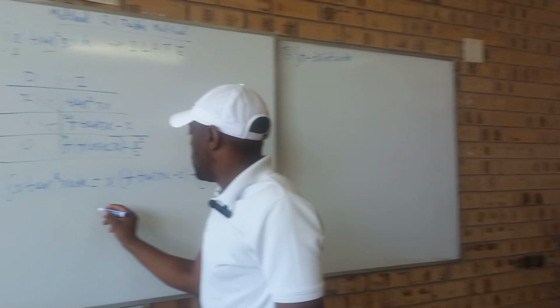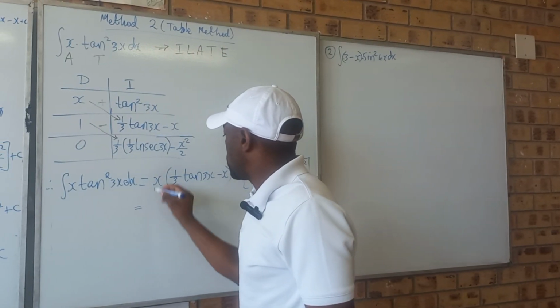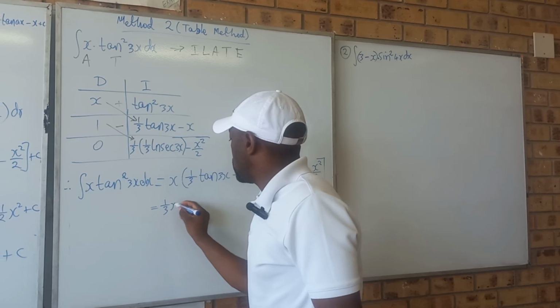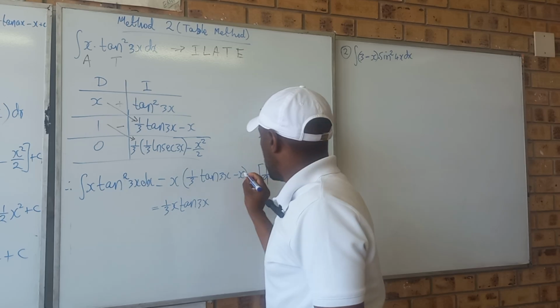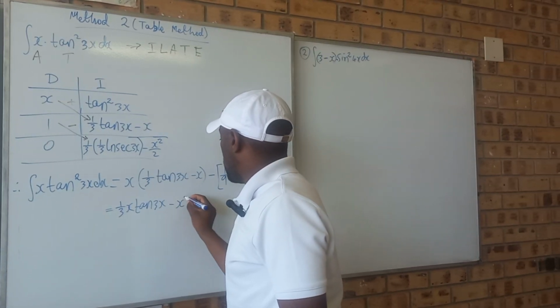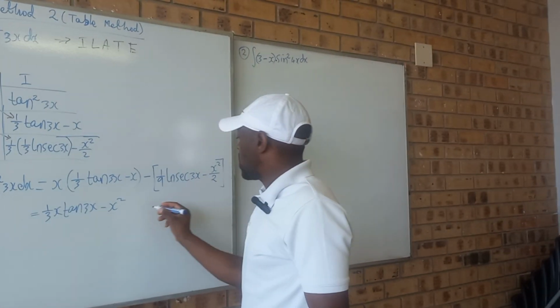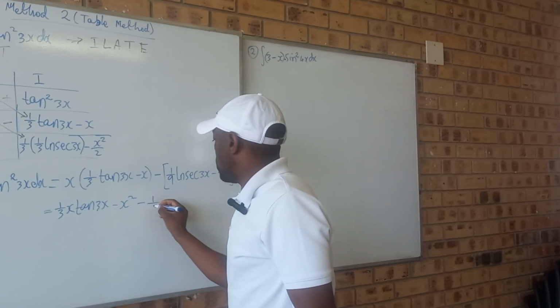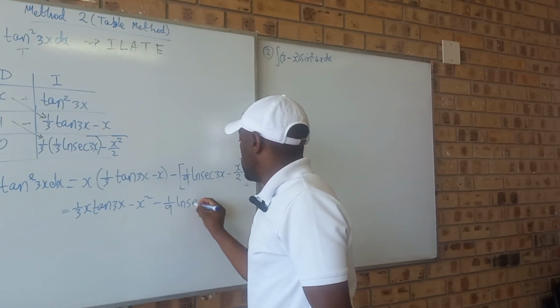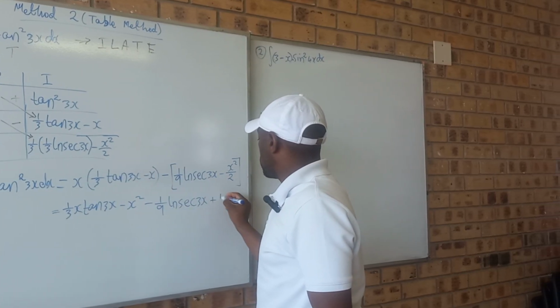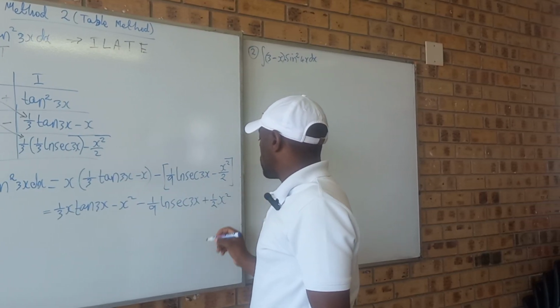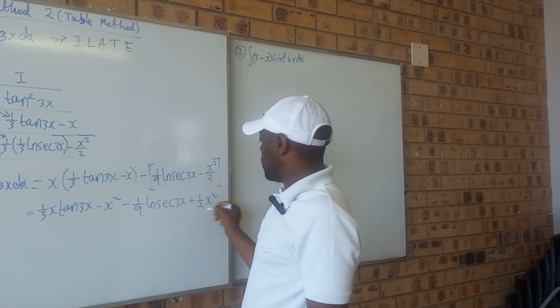So if I now release all the brackets, I'll get 1/3 x tan 3x. This one and this one gives me negative x squared. Then if I open this other bracket, I get negative 1 on 9 ln sec 3x. Then this negative and this one becomes plus 1 over 2 x squared, half x squared.